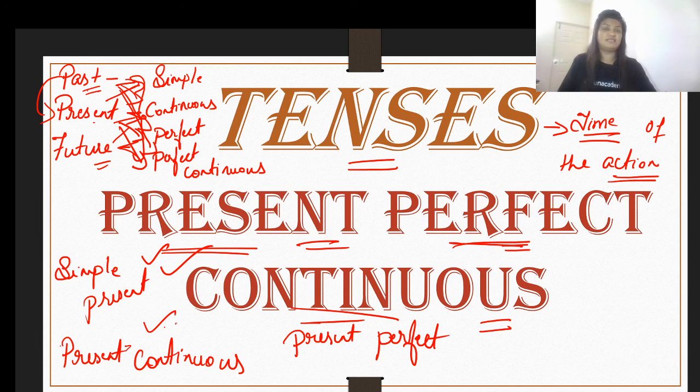Present continuous is when the action started, but then it has not ended. It is in progress. It is still going on. We use ing forms in these tenses. Then we learned about present perfect, where the action is perfectly completed. And today we are going to learn about present perfect continuous.